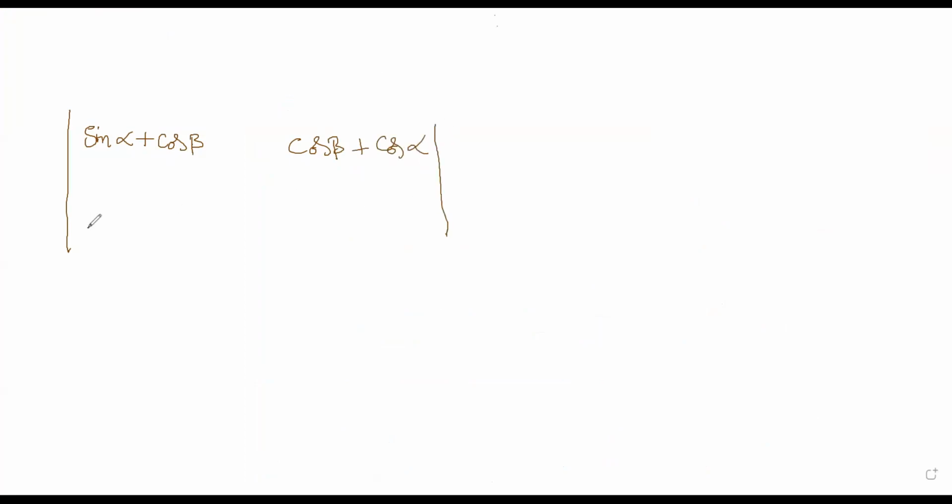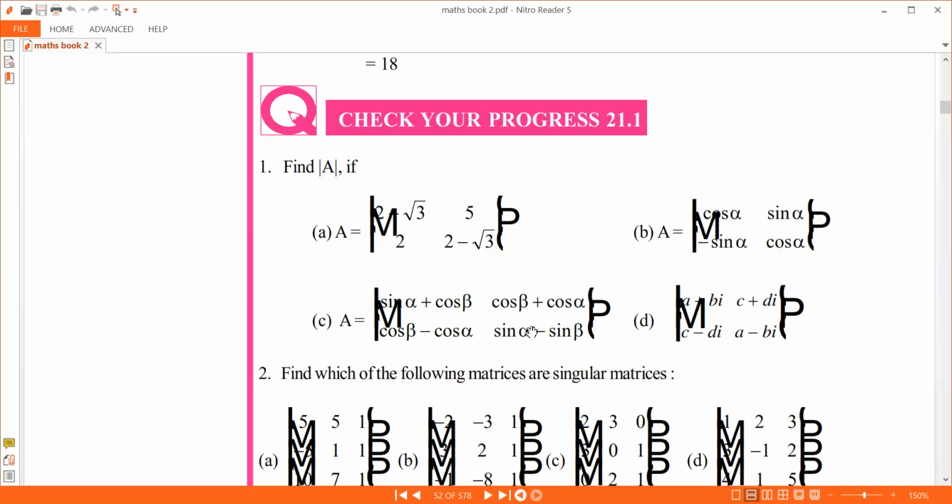This part is cos beta minus cos alpha. And this part is sine alpha minus cos beta, if I remember correctly. Okay. This is easy. Sine alpha minus sine beta.